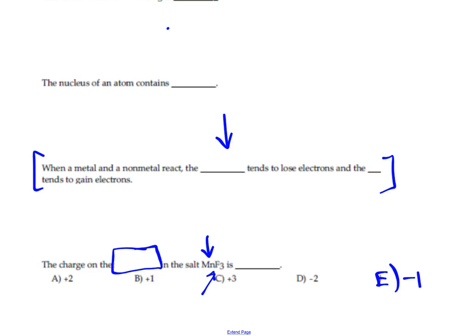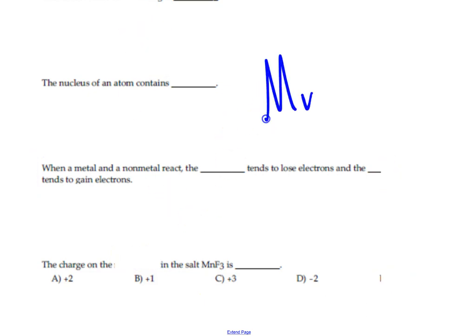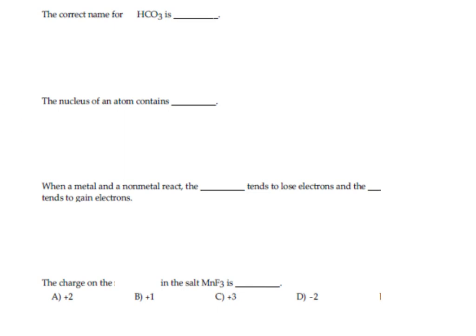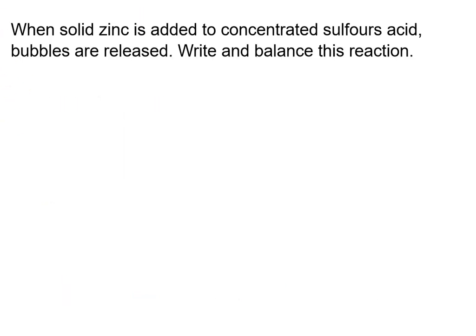All right, +3 -1. So it's one of those two. Manganese is a Roman numeral. Sorry, it's a transition metal. So you wouldn't know, except if you know the hop and swap, that has to be a +3 because fluoride's a -1. Okay. There you go. You'll be ready. I'm set. Here we go.